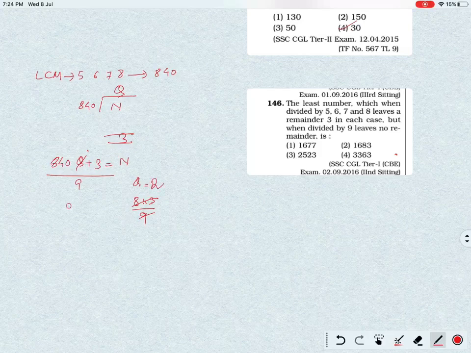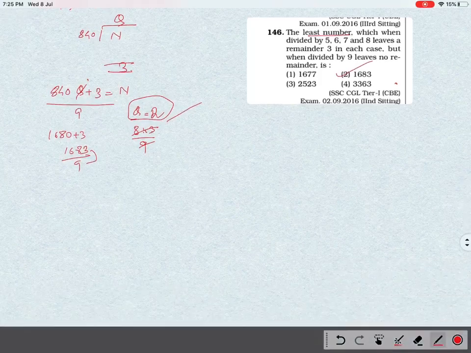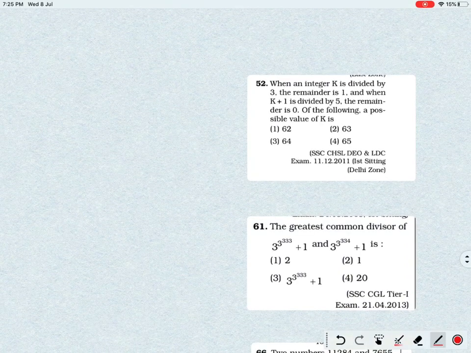So that will be 2 times 840, 1680 plus 3, that is 1683 by 9. So 1683 is divisible by 9. Yes, so q equal to 2 is the least value. We are asked the least number, so option number 2 is correct.